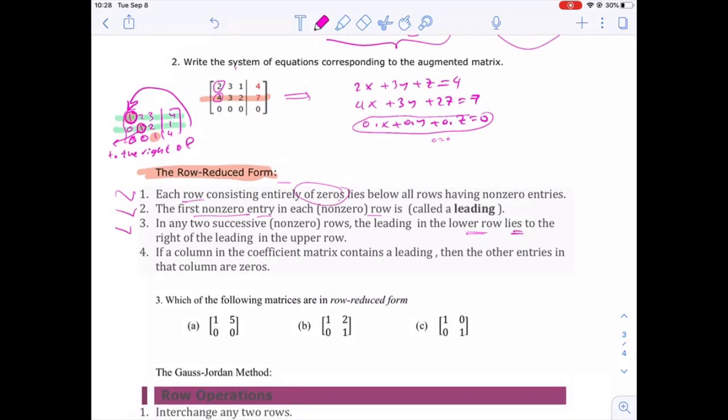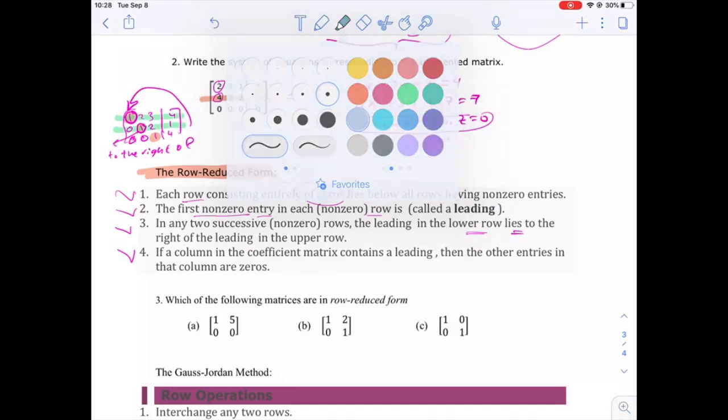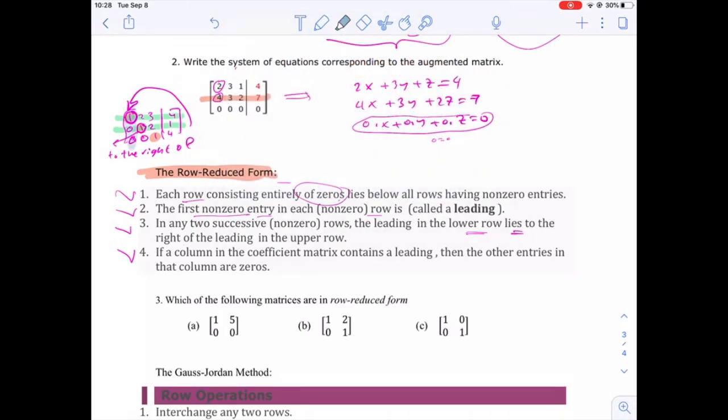And now the third thing, that was the third thing. The fourth and last thing: if a column in the coefficient matrix contains a leading number, like the first column here, let me choose a different color, the first row here contains a leading number, then the other entries in that column are zeros.